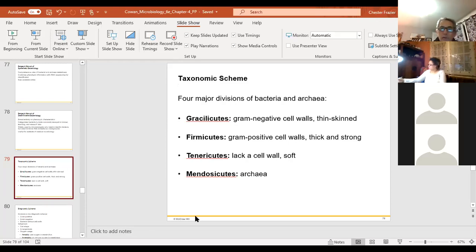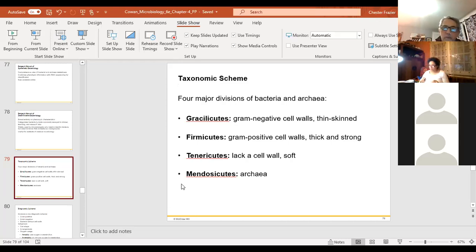There are 4 major divisions of the bacteria and archaea. I don't know if I'm going to say this right, because I've never used this term. Gracilicutes, or gram-negative bacteria. The firmicutes are gram-positive bacteria. Those are the ones we were talking about.